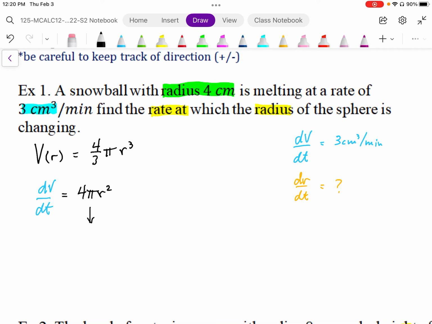Now this represents dV by dr. So I need to apply the chain rule here because r is a function of time. So I apply the chain rule. And applying the chain rule, I'm going to multiply by dr by dt. Now I don't know what that is, but I'm going to be able to solve for that now.